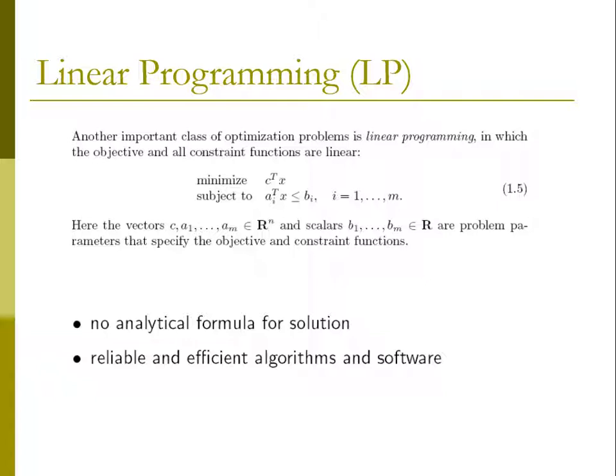Some applications lead directly to linear programs in such forms. In many other cases, the original optimization problem does not have the standard linear program form, but we can transform it into an equivalent linear program and use the associated techniques to solve it.